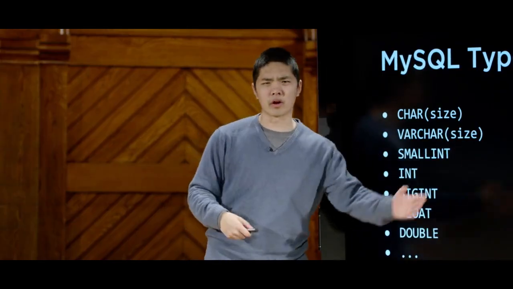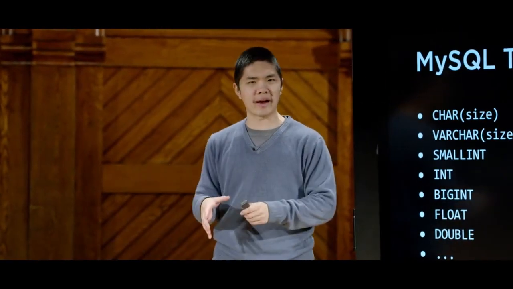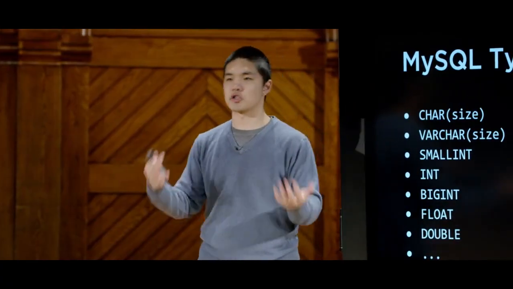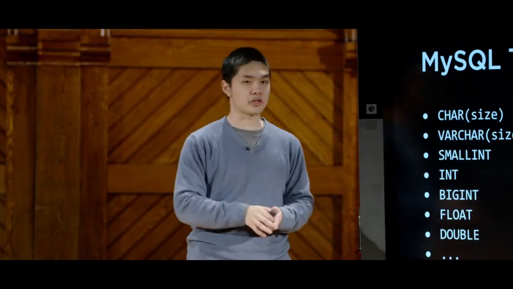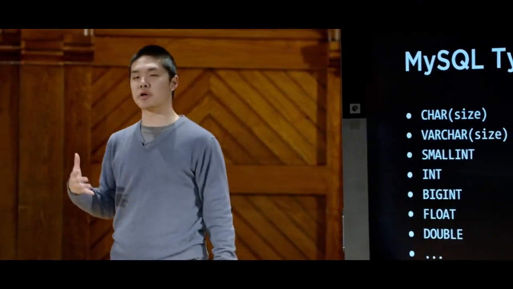Varchar of a size is similar, and this is a variable length character. If something isn't going to be exactly a certain number of characters, but maybe up to a certain number of characters, you can use varchar to say, maybe sometimes it's going to be fewer characters, but it could be up to size number of characters. And there are trade-offs there too. Then there are various different types of integers. There's not just a single integer type, but small int and big int, each of which uses a different number of bytes in order to store integer data.